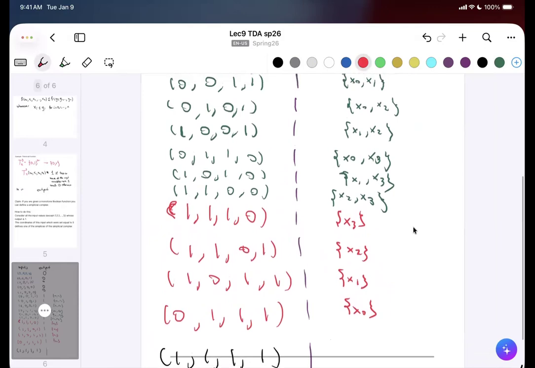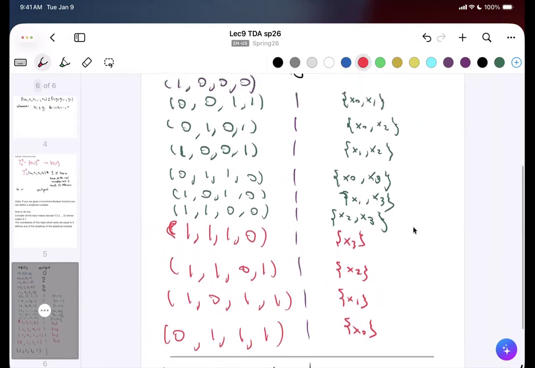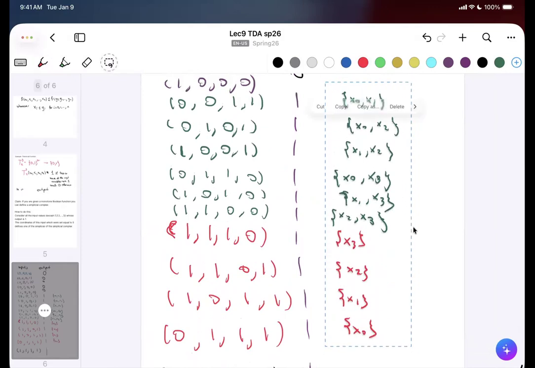But essentially, just to wrap it up for today, I'll draw the picture. Again, the simplicial complex at an abstract level is just this list. That is what defines the simplicial complex. You don't need any extra information.